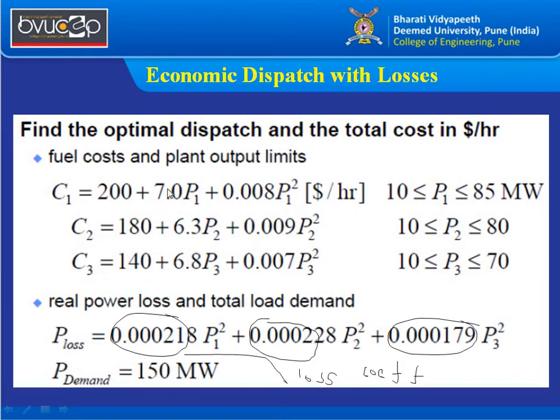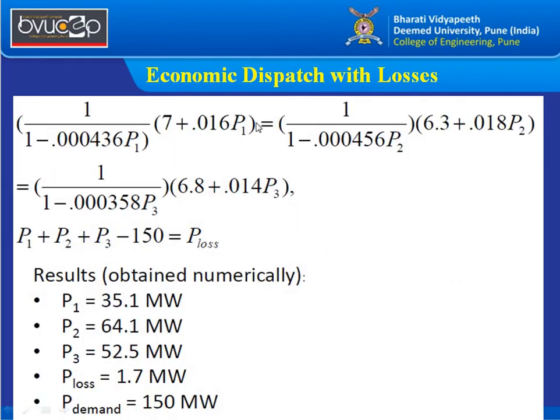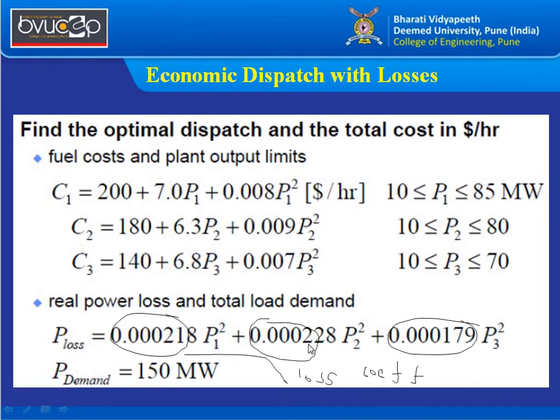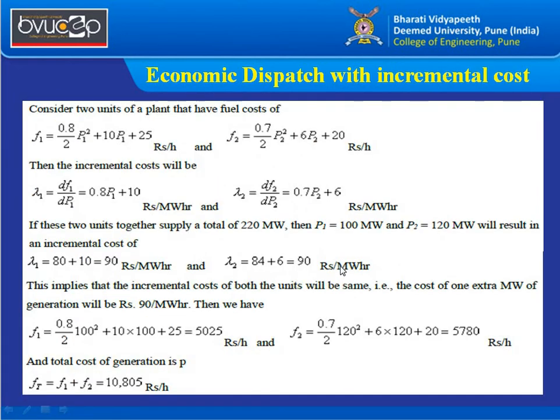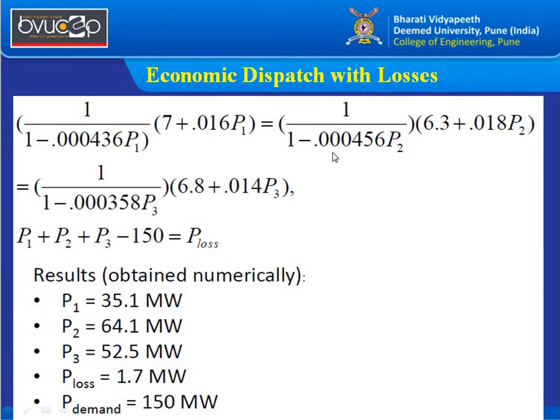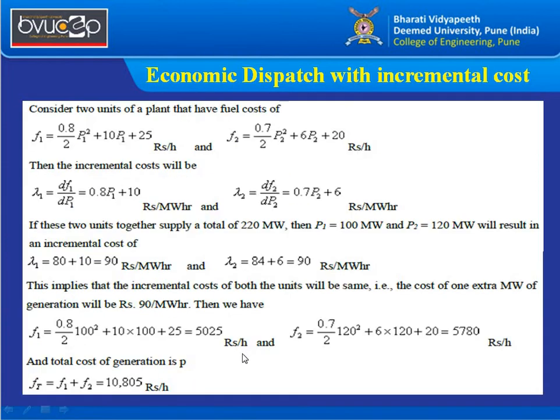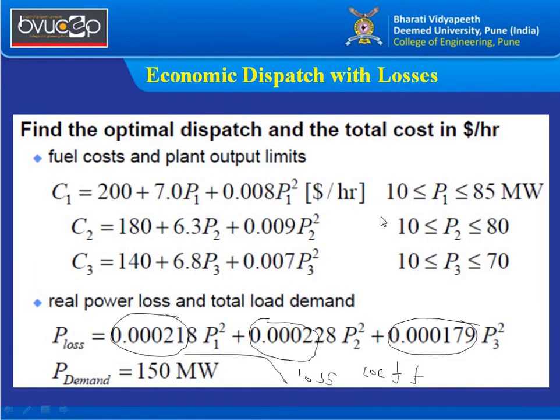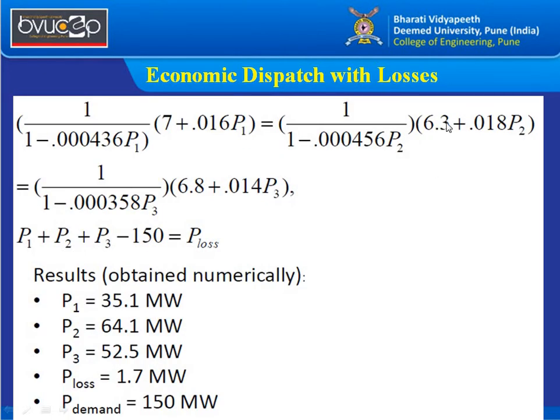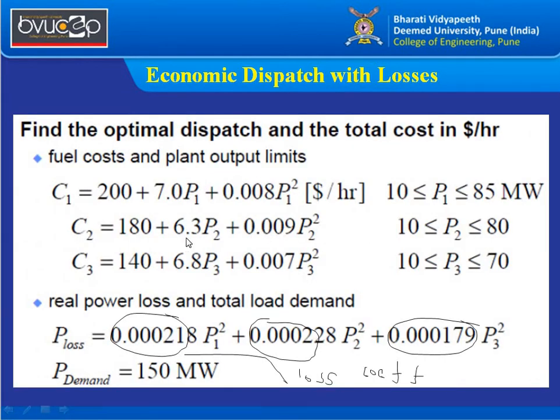So this is 7 and 0.06 p1 in the numerator, and that will be equal to, now as we are equating all the three, the loss coefficients will be equal. So for the second, when you multiply 0.00228 by 2, we get 0.00456, so it is 1 upon 1 minus 2 times the loss coefficient for the second generating unit, which is 0.00228, multiplied by 6.3 plus 0.00 p2, the derivative of this particular term.